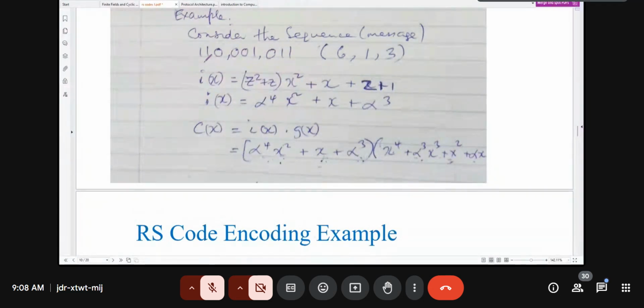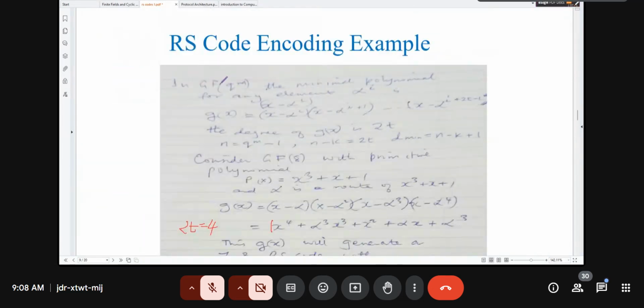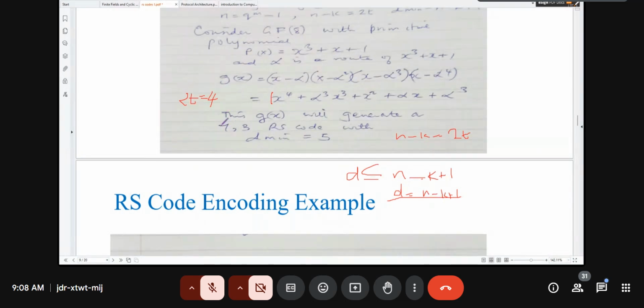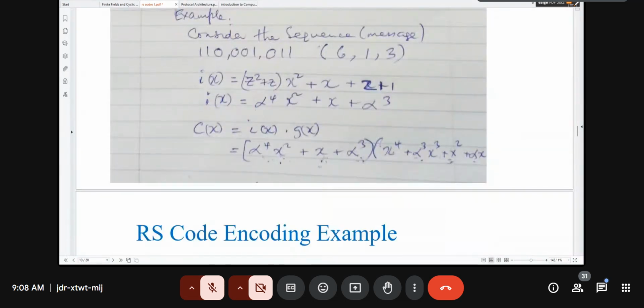This is your I(x). Remember, our sequences have 3 symbols, because this is a (7,3) code, and we are talking about 7 symbols, and these are 3 symbols, not bits.